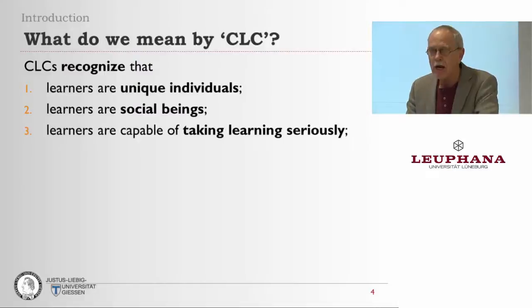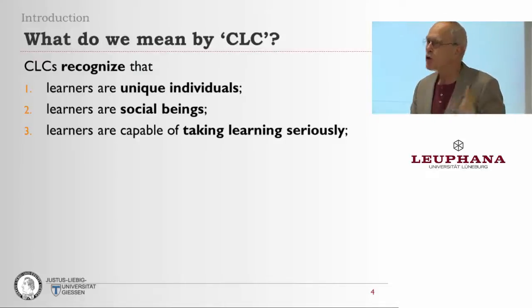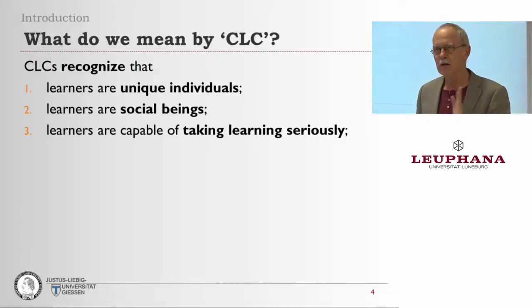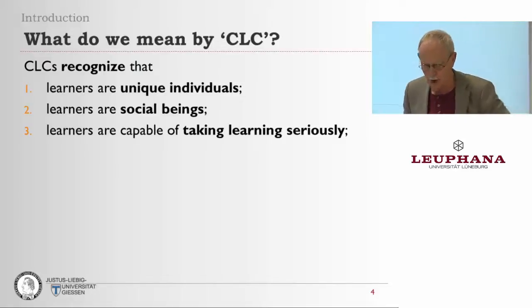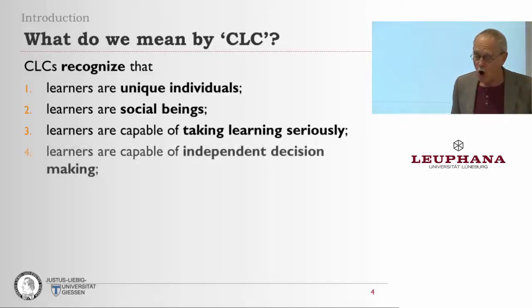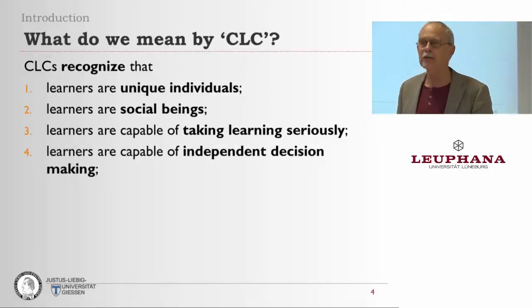Third, learners are capable of taking learning seriously. We know that there's a lot of research which indicates very strongly that learners want to learn. If they don't want to learn, there may be complex reasons why, but basically they want to learn. 4, learners are capable of independent decision making.